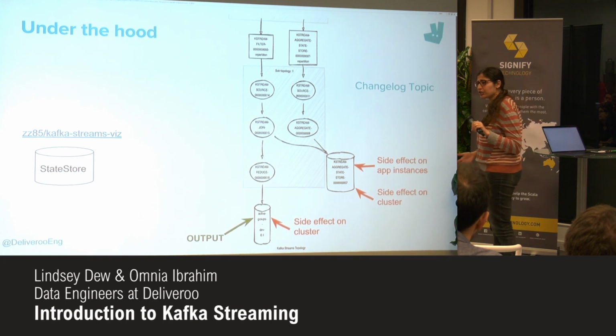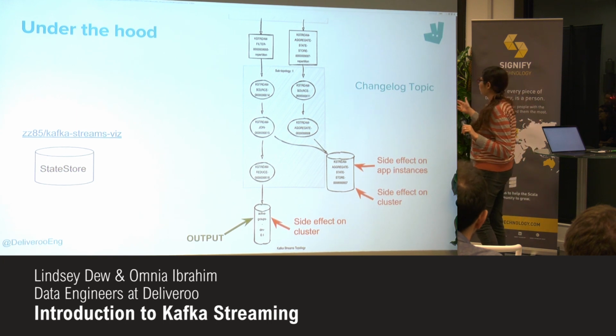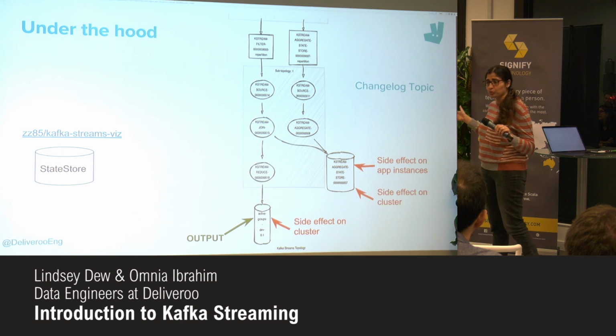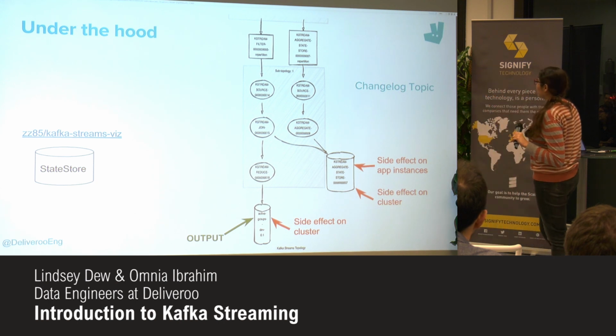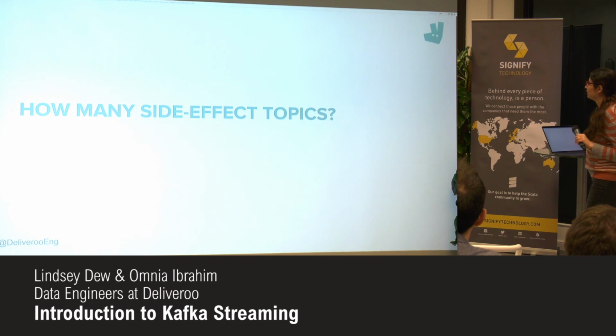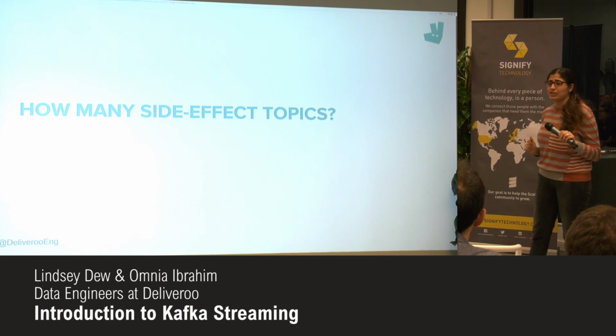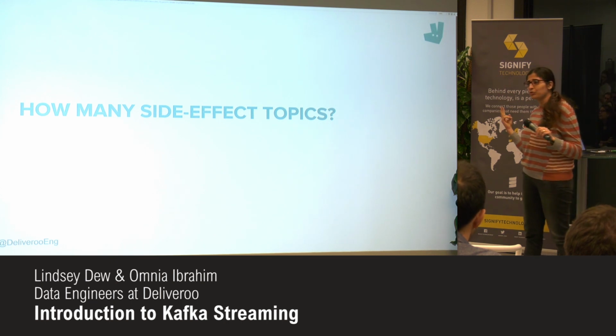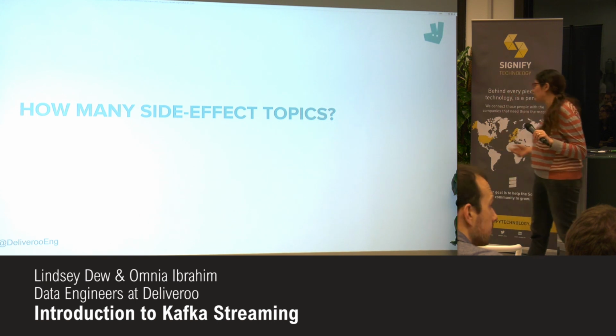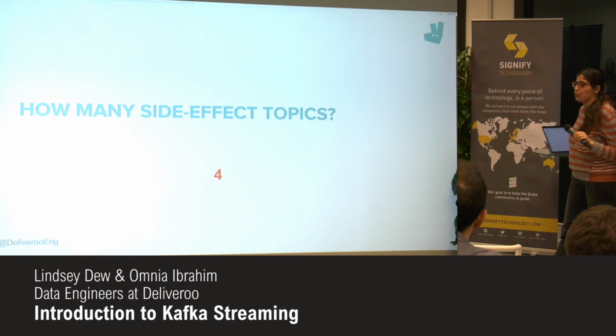So if you had a crash, your machine comes back, it will build the state store from this changelog topic. So this means that now, how many side effect topics do we end up with? 2 repartition and 2 changelog. We end up with 4 topics created in our cluster.